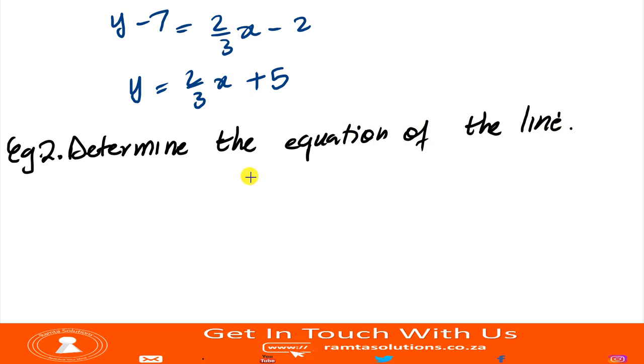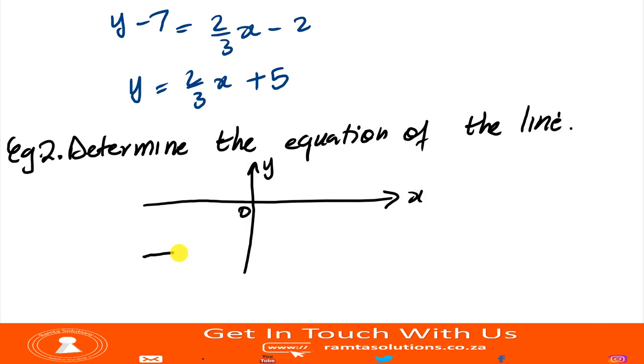Okay, now this is the diagram, and then this is your y-axis, this is your x-axis, 0.0, and then this is y equals negative 3 over 2.